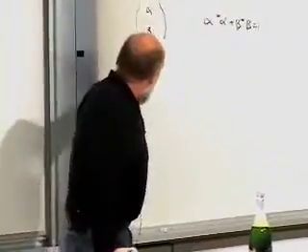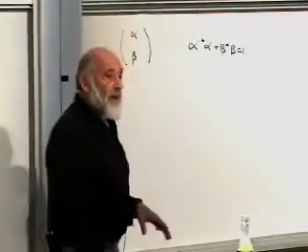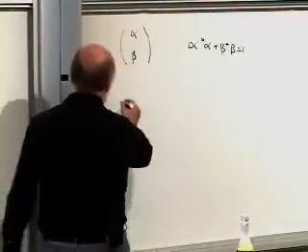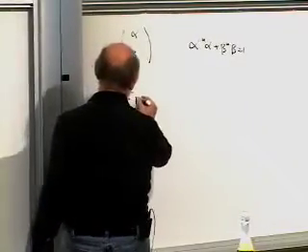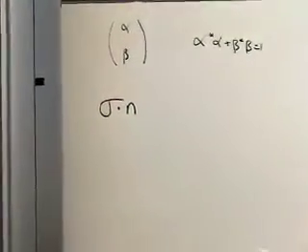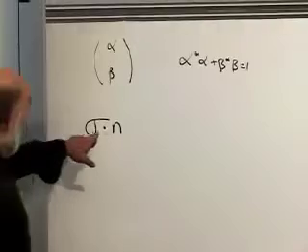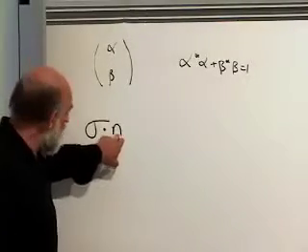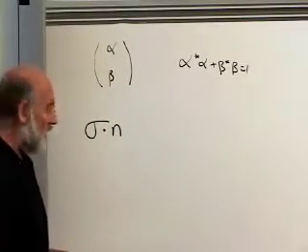In other words, any vector that you write down is an eigenvector of some sigma dot n. Given an alpha and beta, you can find a direction in space such that this is an eigenvector.